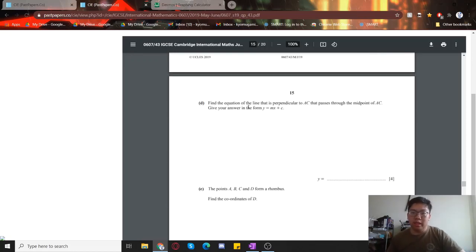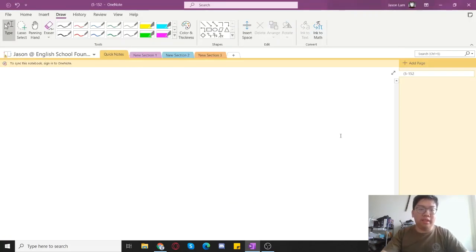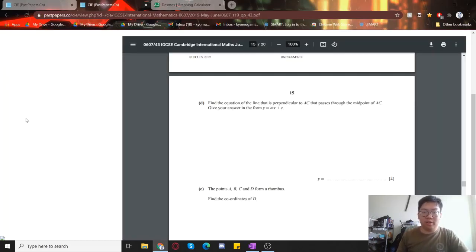D. Find the equation of the line that is perpendicular to AC that passes through the midpoint of AC. Yep, okay. So, first of all, we need to find AC, of course. As an equation, it's best to find it as an equation.